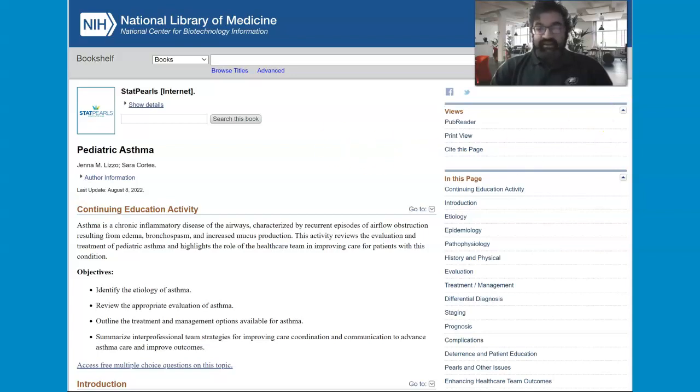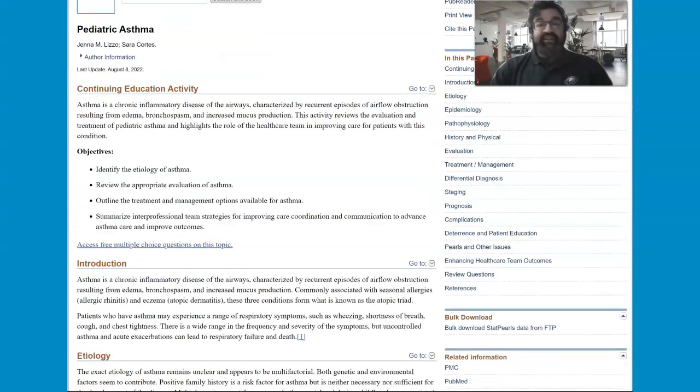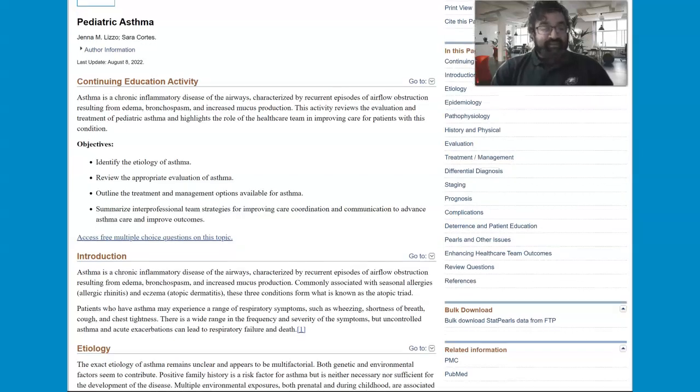The main objectives for pediatric asthma are to identify the etiology of asthma, review the appropriate evaluation of asthma, outline the treatment and management options available, and summarize interprofessional team strategies for improving care coordination and communication to advance asthma care and improve outcomes.